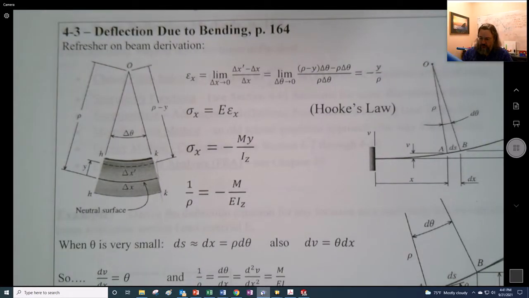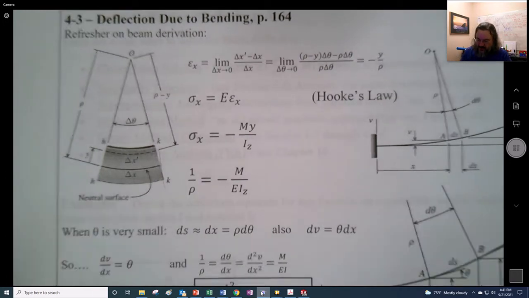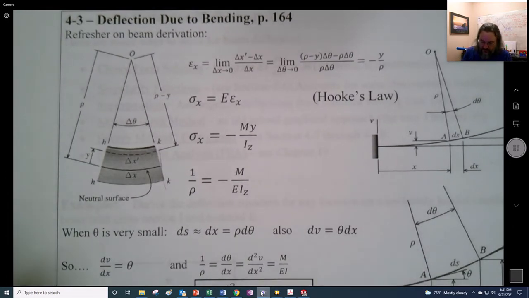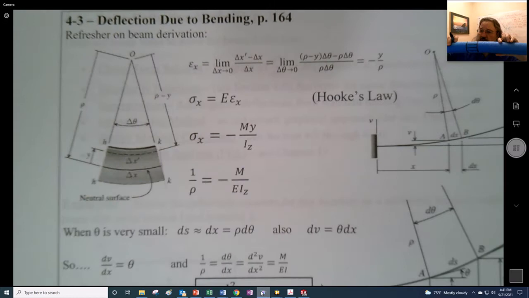So if we were to take a section of this right here, and draw a straight line here, a straight line there, and a straight line there, okay, I've drawn these three lines.